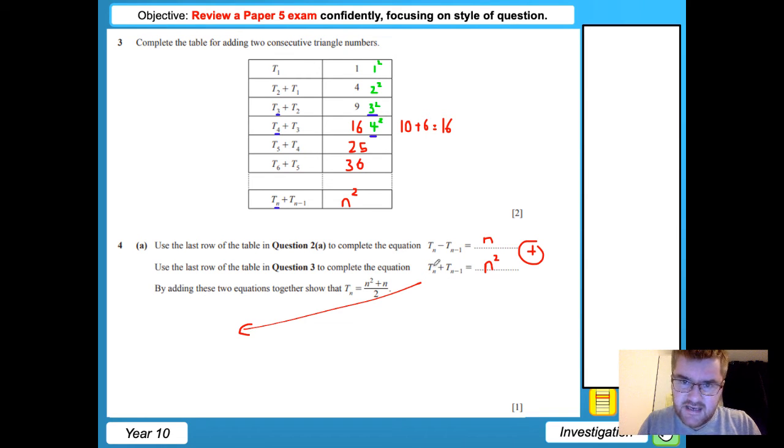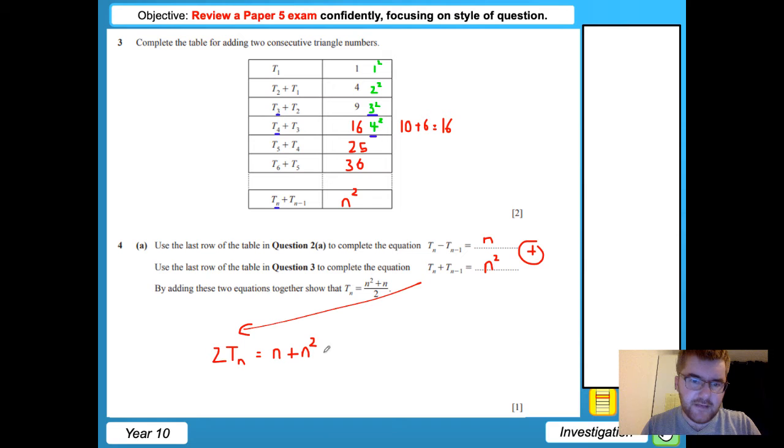So Tn plus Tn is 2 lots of Tn, like one apple and one apple is 2 apples, 1 Tn and 1 Tn is 2 Tn, minus Tn minus 1 plus Tn minus 1, well they cancel, so they disappear. And n plus n squared, be careful, has to be written as just n plus n squared.